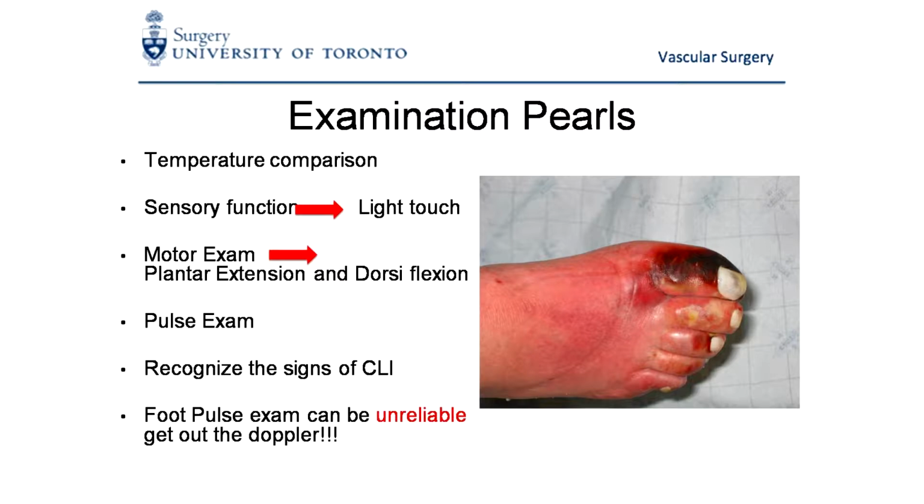Although I spend a lot of time on a pulse exam, for many diabetic patients, they actually don't have peripheral pulses. So you've got to recognize the subtle signs of critical limb ischemia, and if you can't feel a pulse, get out a Doppler. That goes if you're in the emergency room or even if you're a primary care provider.